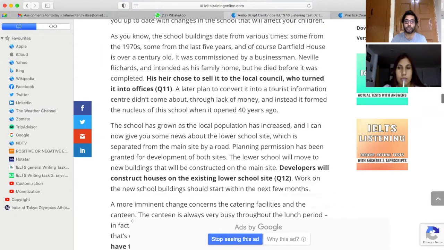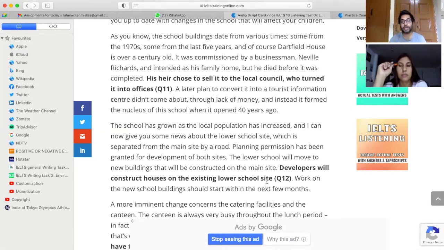So the school has grown as the Yokai population has increased. I can now give you some news about the lower school site, which is separated from the main site by a road. Planning permission has been granted for development of both sites. The lower school will move to new buildings that will be constructed on the main site. So what would happen to the lower school site? Developers are going to construct houses on the existing lower school site.